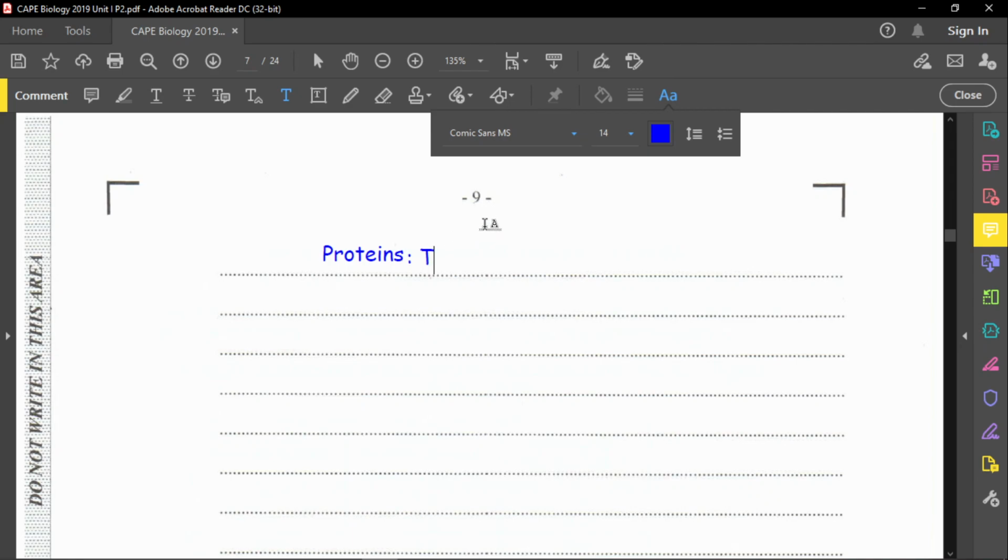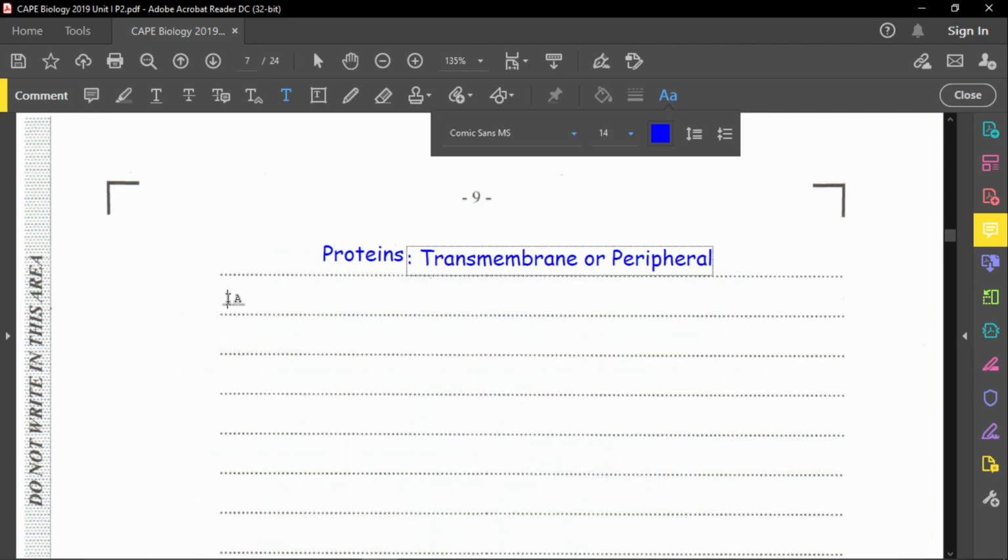You have the transmembrane proteins, the ones that go all the way through, and what they call peripheral proteins, which are found on the surface. So those are the two general ways: proteins may be transmembrane proteins or peripheral proteins.